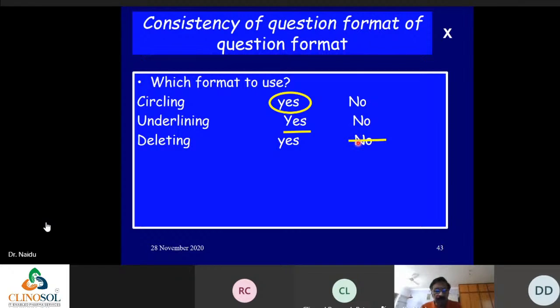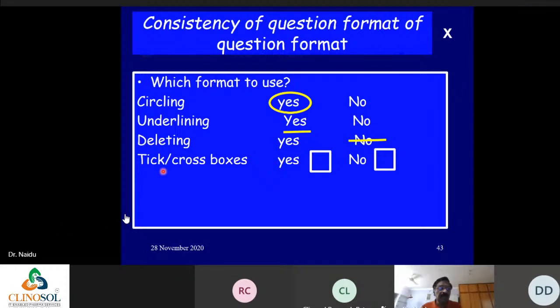Most commonly, people ask for a tick, cross or box. Now my question is, should we use tick or should we use box? I prefer entering a box, and I will give you the reason why I prefer box.